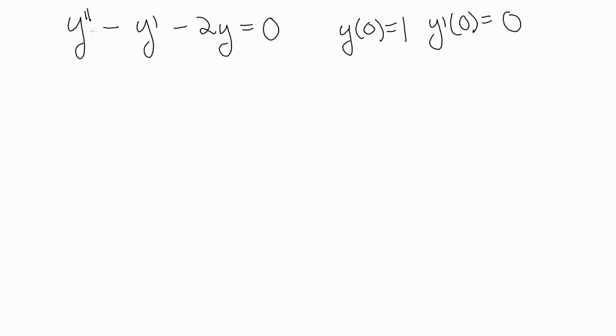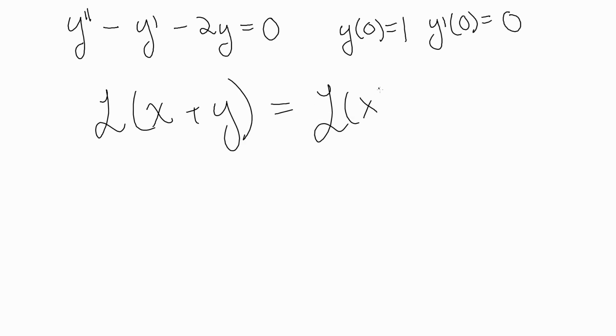Because of linearity, remember that the Laplace transform of x plus y equals the Laplace transform of x plus the Laplace transform of y. And that, of course, also carries over to constants. So the Laplace transform of x plus 2y would be the Laplace transform of x plus 2 times the Laplace transform of y.